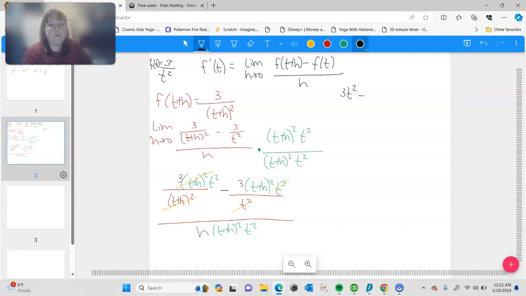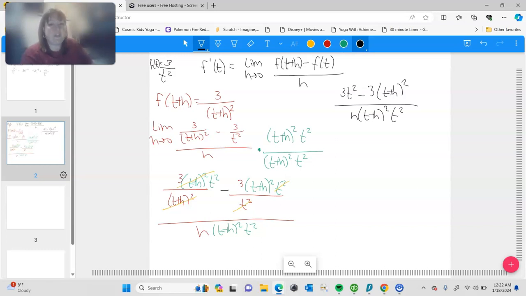Again, that's what we were going for. So now we have 3 times t plus h squared. And on the bottom, we're just going to leave that all icky for now. Okay, I haven't been bringing my limit down, but we're doing the limit as h approaches 0 of all of this. Now, like I said, we don't want to expand until we have to. We have to expand this now.